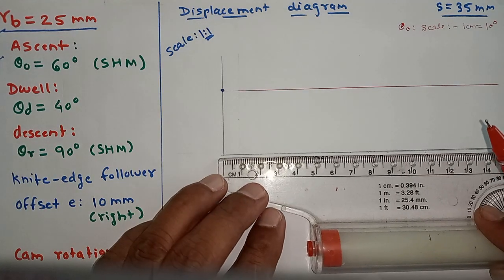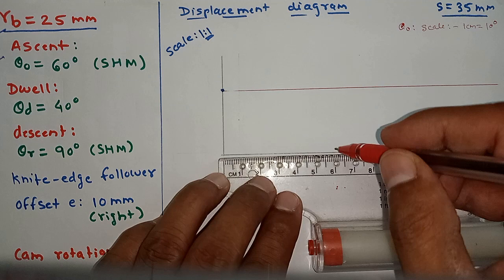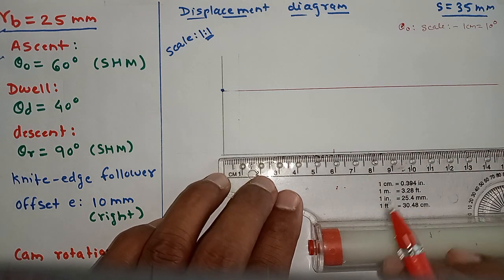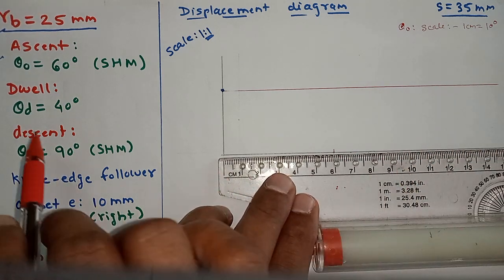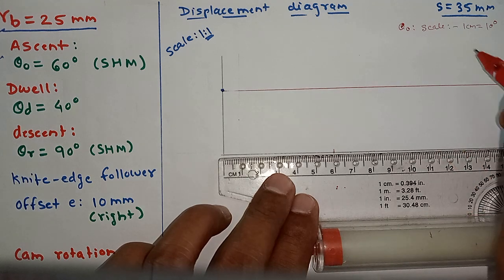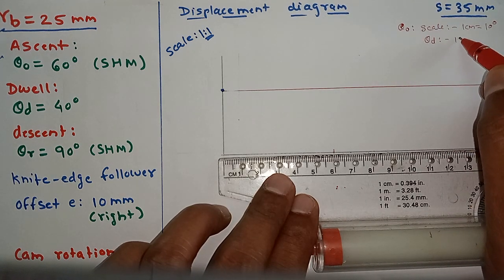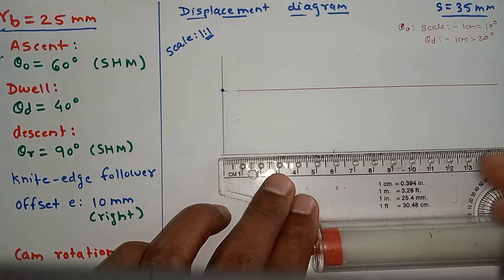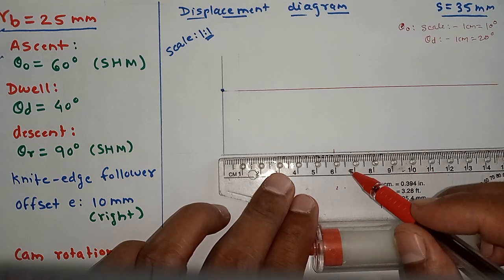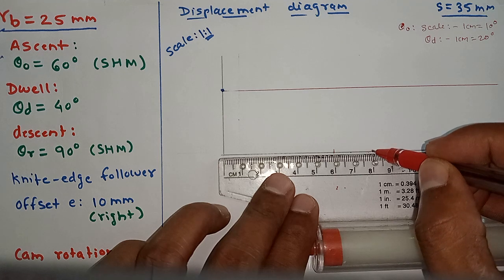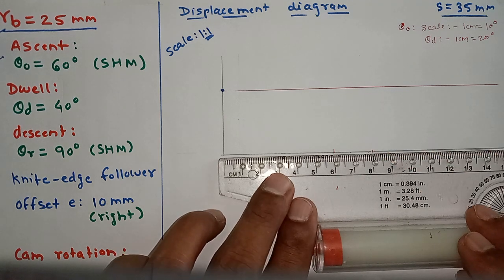So for 60 degrees, we get 6 centimeters. Next is the dwell period of 40 degrees. For dwell, I will take scale of 1 centimeter equals to 20 degrees. So 2 centimeter will represent 40 degrees.